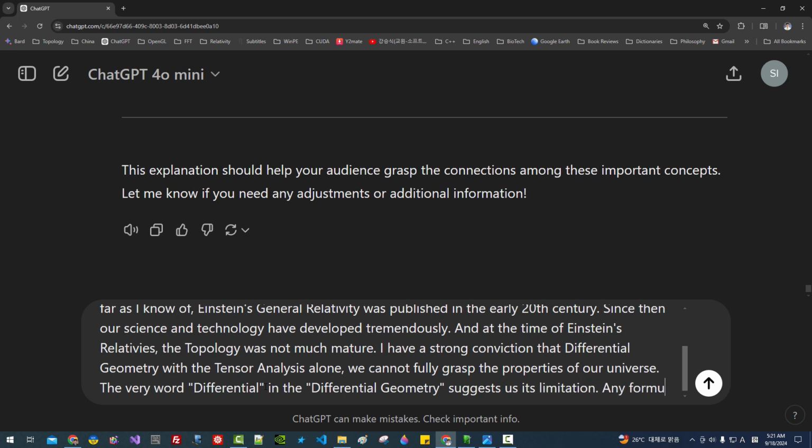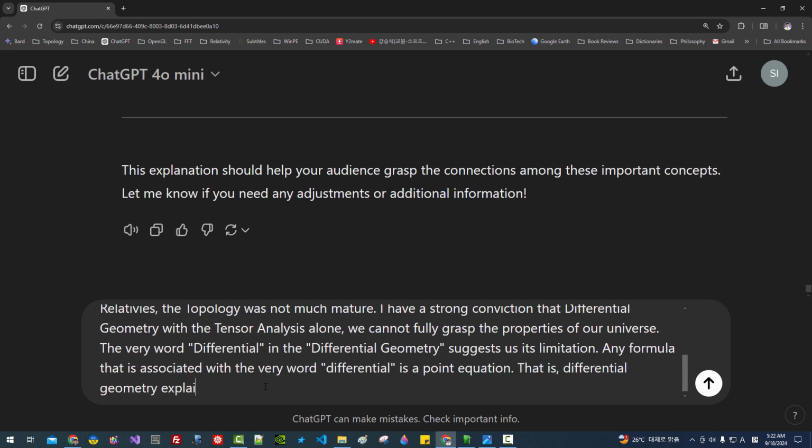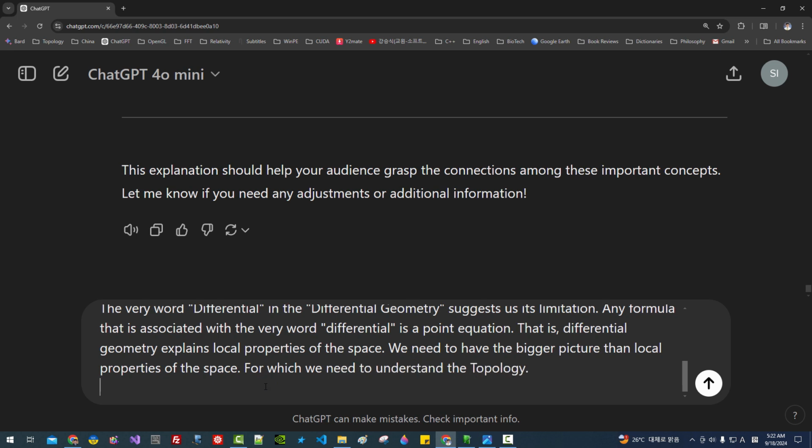Any formula that is associated with the word differential is a point equation. That is, differential geometry explains local properties of the space. We need a bigger picture than local properties of the space, for which we need to understand topology.